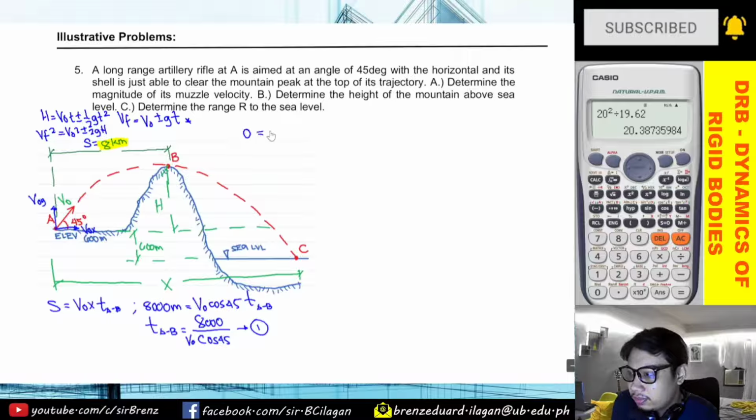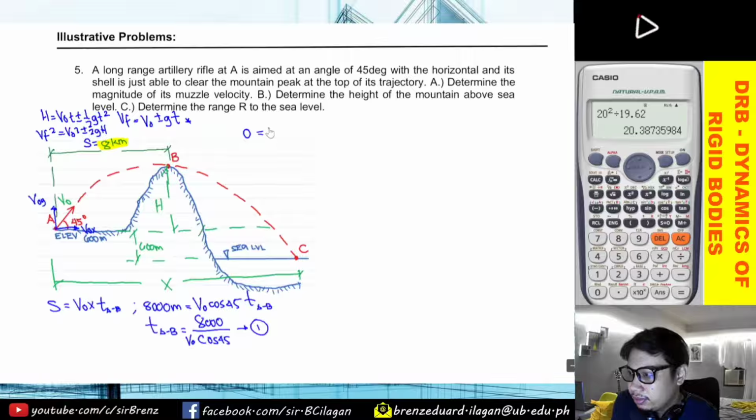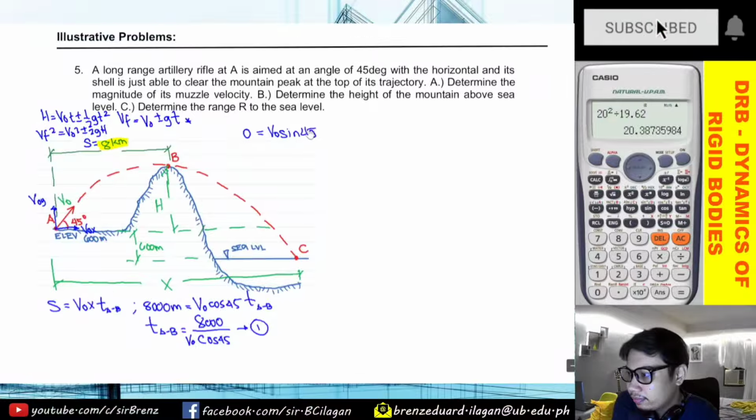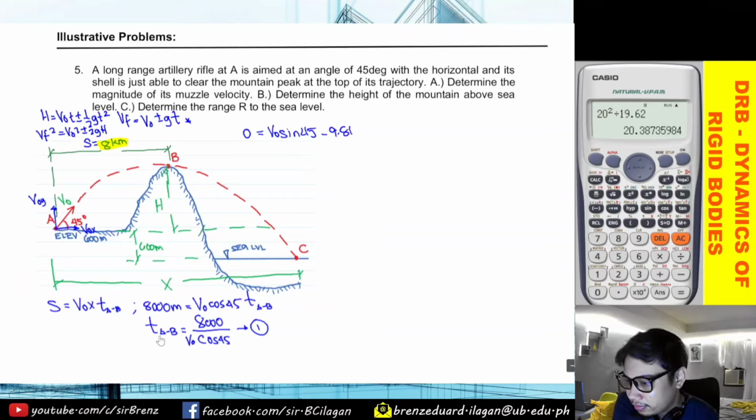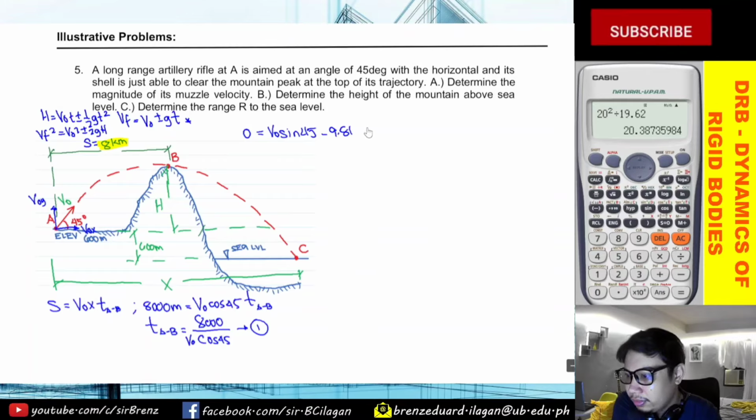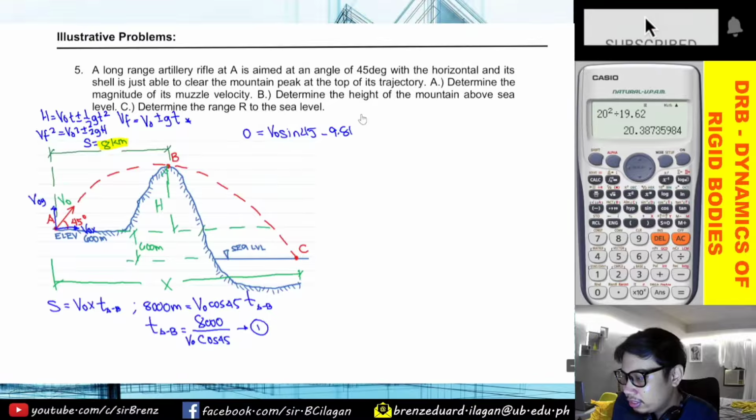So equals to VOY, or that is VO multiplied by sine 45, and then pataas, so minus 9.81 times yung T, which is equals to yung equation 1.